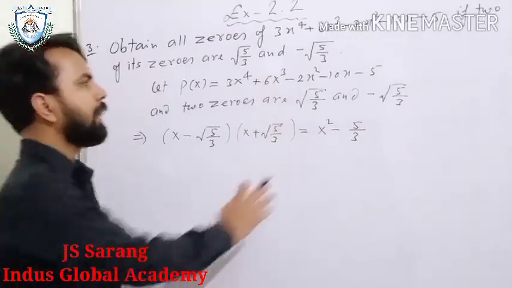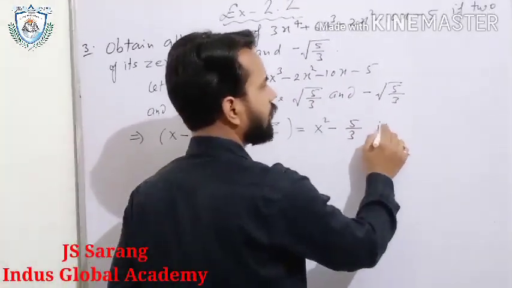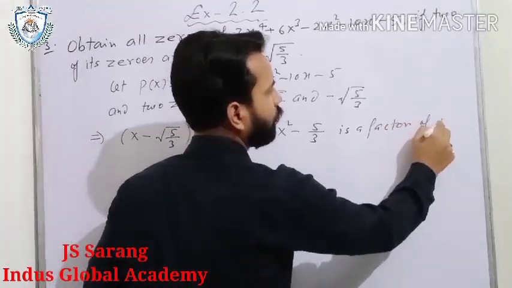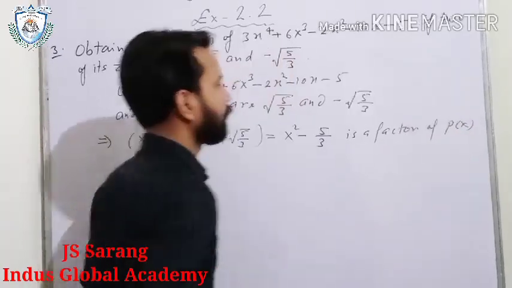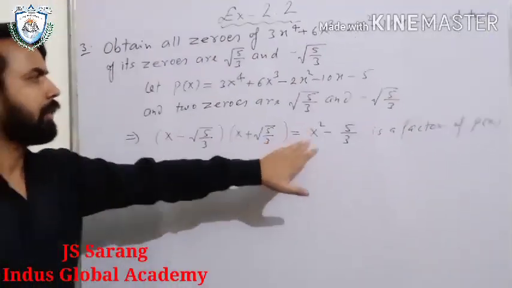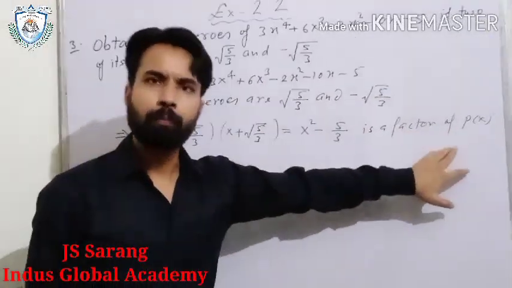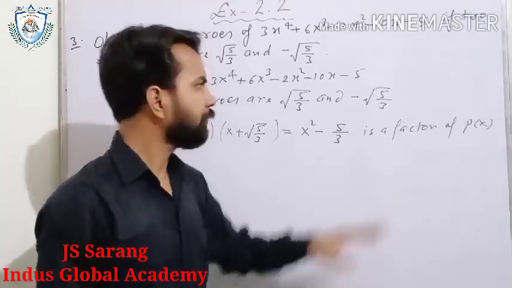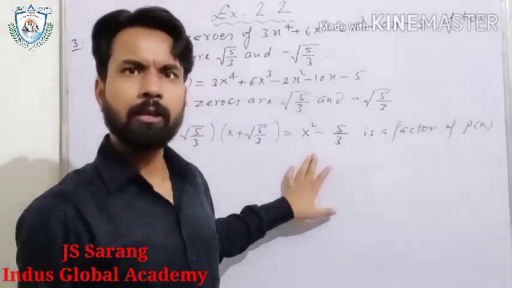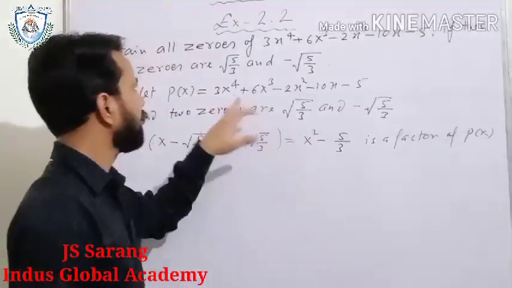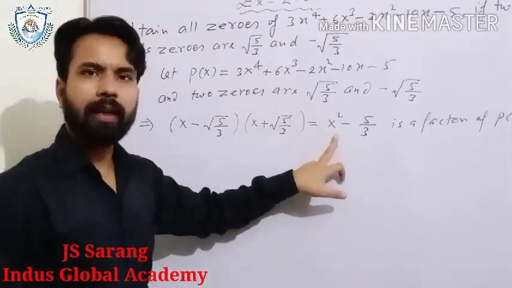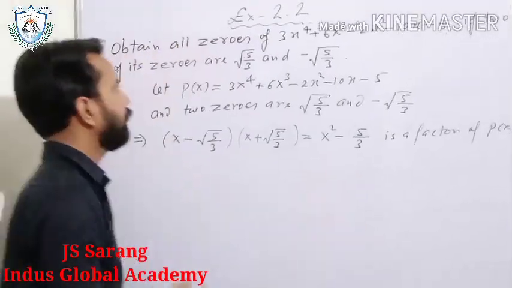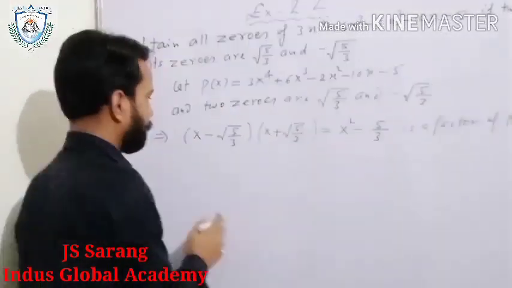Understood? So this is a factor of p(x). We have to write that this value is a factor of p(x). In the previous question, I told you, if this is a factor of p(x), then on dividing p(x) by this value, the remainder will be 0. So we will divide p(x) by this.